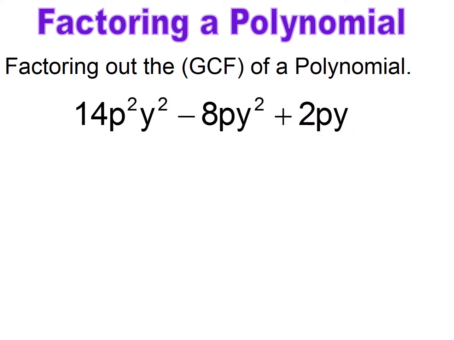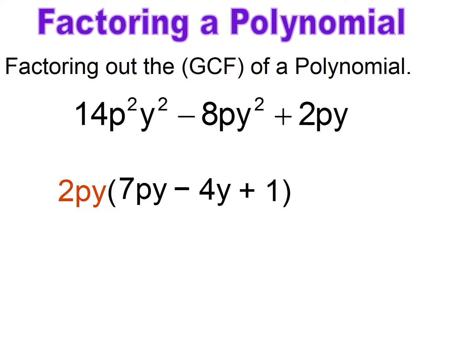Pause and try. So the GCF here is going to be that 2py. Now you're dividing it out of each term, so the first piece will end up being 7py minus 4y plus 1.